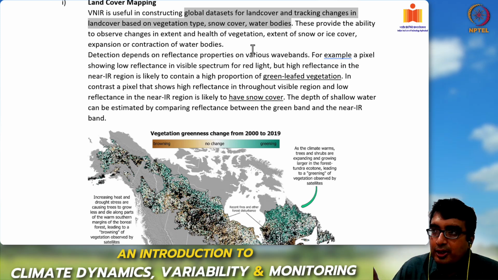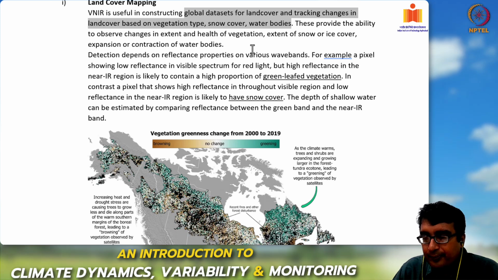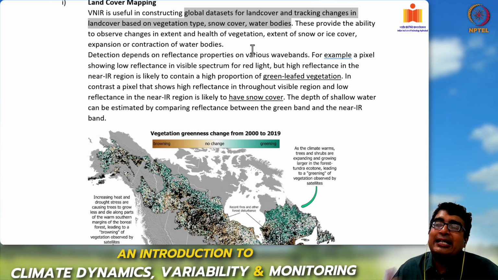So, it can check what type of vegetation is in a certain land area, the quality of that vegetation, what type of snow cover is in the certain land area, what type of water bodies are in the certain land area. And it is doing so by looking at the type of reflected shortwave radiation that is coming from that surface.